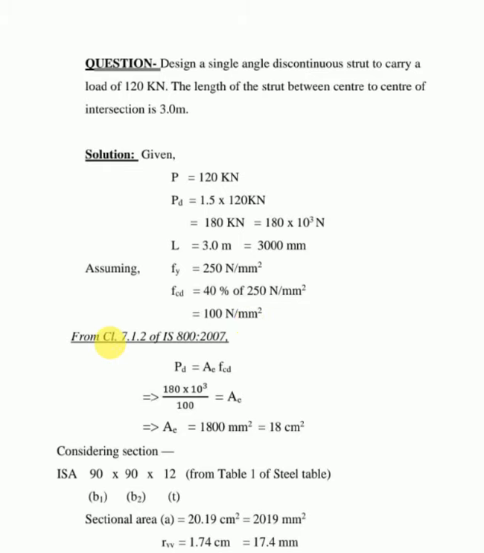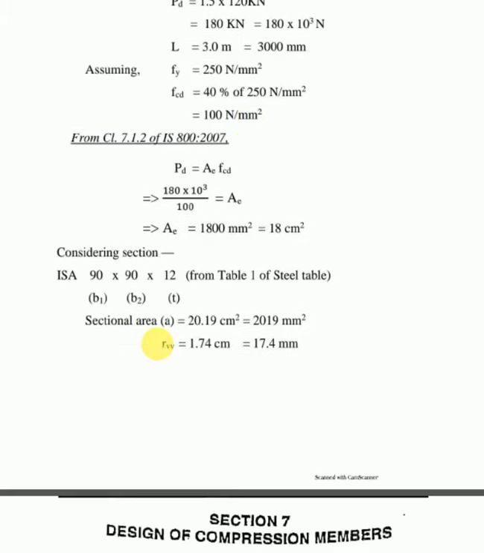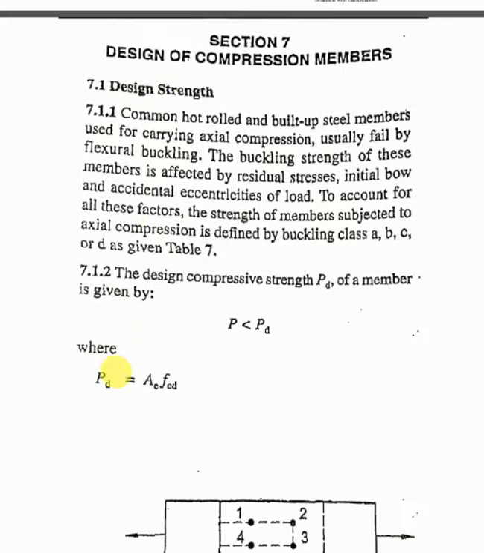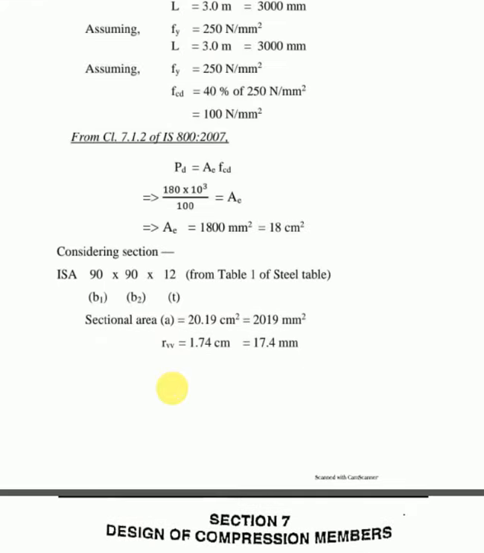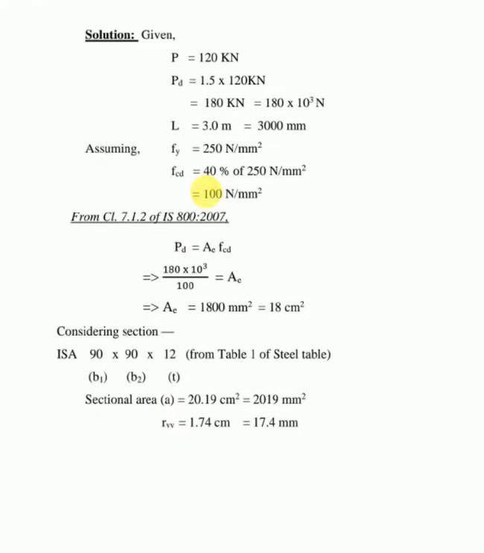Then refer clause 7.1.2 of the IS code. This is clause 7.1.2 of the IS code, where it is given Pd equal to Ae fcd. Pd is our factored load, A is the sectional area, and fcd is the design stress. Now here we know the values of Pd and fcd, so from here we'll get the area. The area we got is 1800 mm square.